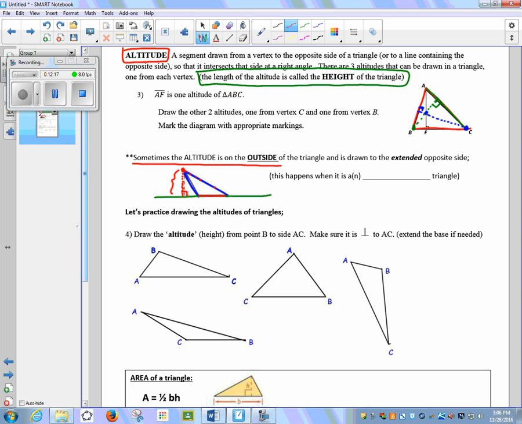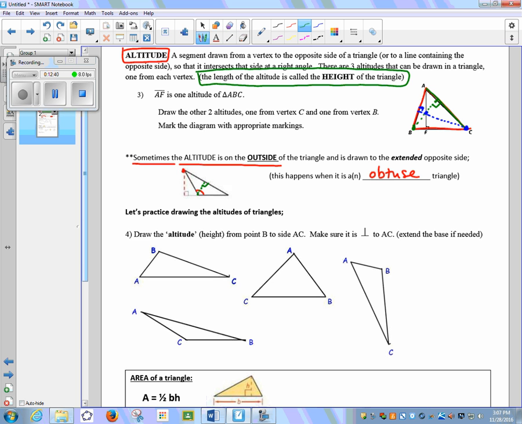So what kind of a triangle is this that makes you hang off kind of like a cliff? You're hanging over the edge here. That angle right there makes this an obtuse triangle. When it's an obtuse triangle, one of the altitudes is going to be outside of the triangle. The other 2, no problem.